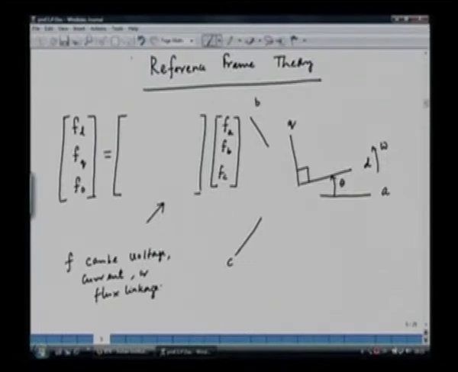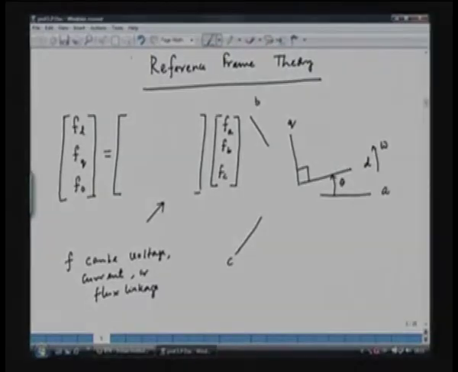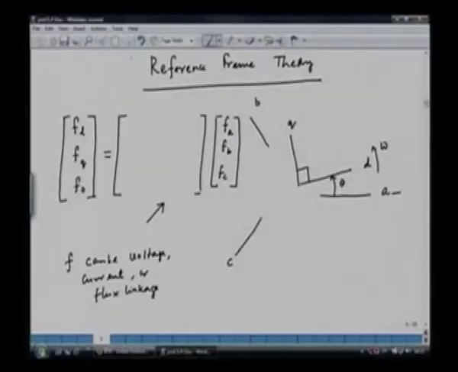Now when we transform this ABC into DQ, we will take the help of this transformation, and the transformation can be easily found out. What we can do here, we can project this A onto D axis, project this B onto D axis, project the C onto D axis and calculate what is the equivalent FD. Now if we do this simple exercise, we will get the following result.